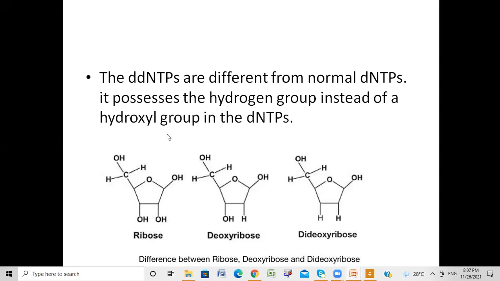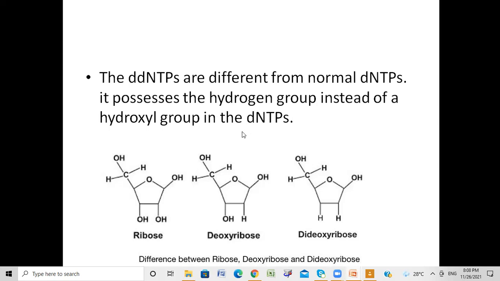So the thing is that you have a growing chain. For example, assume the growing chain now has a C. The next nucleotide that is going to be added may be T or something. Then between the C and T, the phosphodiester bond will be formed, and you will have another OH group on the T side.